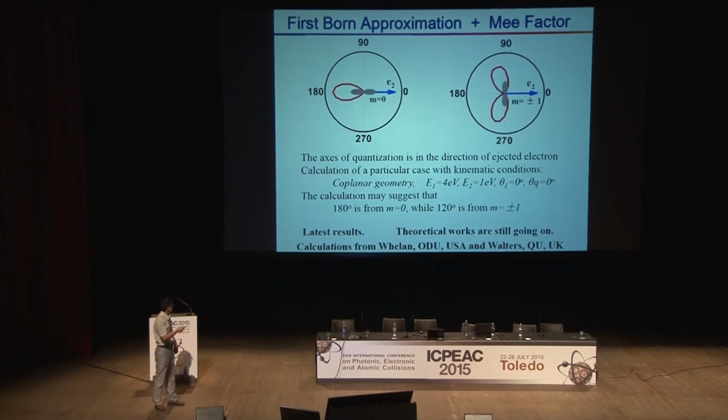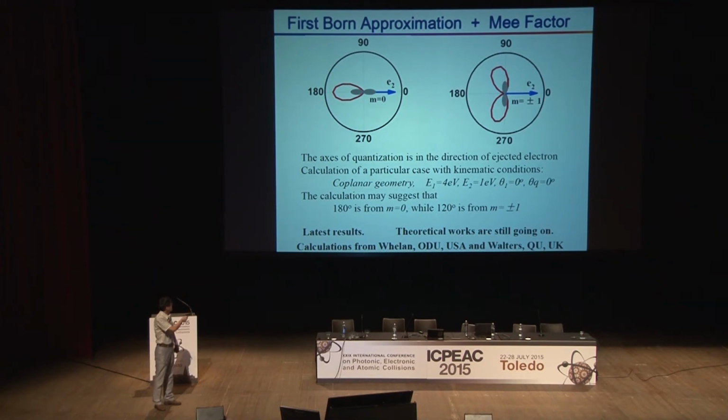And in addition, the calculation is only performed for a particular kinematic condition. I want to emphasize that here we do not want to exactly reproduce the measured cross-section, but to find out the reason for the observed structures.